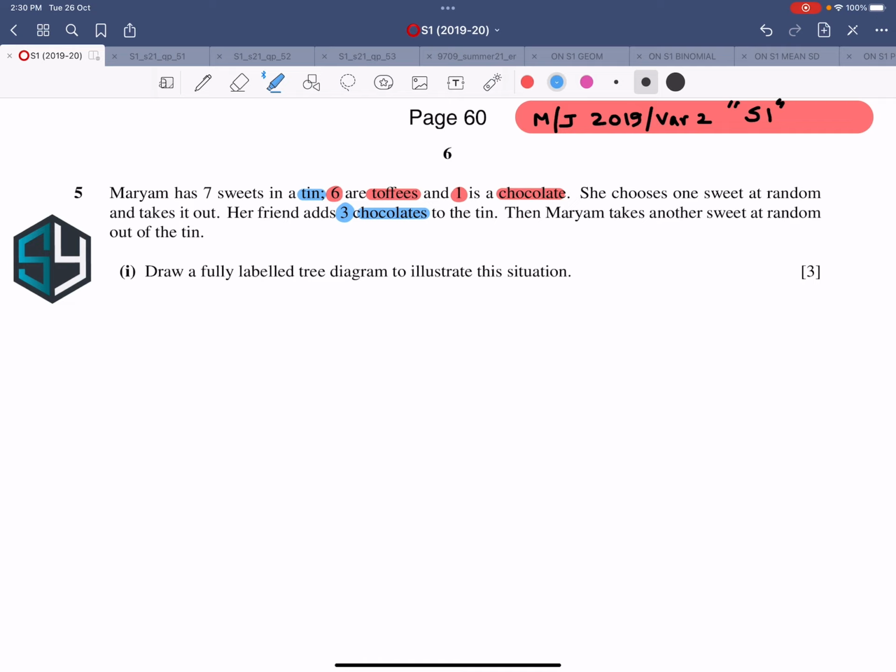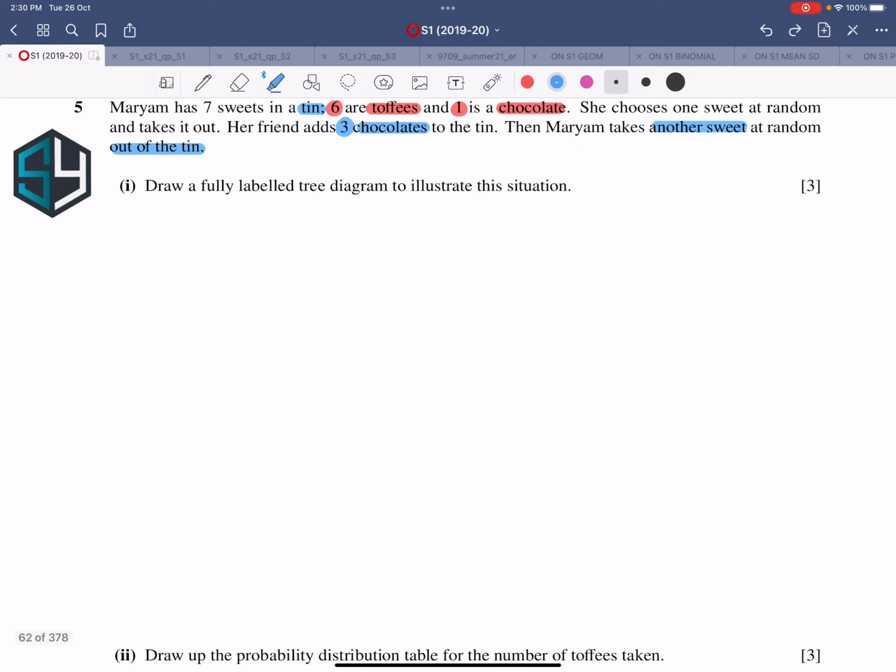Then Mariam takes another sweet at random out of the tin. Draw a fully labeled tree diagram to illustrate this information. Now, first thing first, let me draw 2 branches. This is for the first scenario and the next branch is for the second scenario.